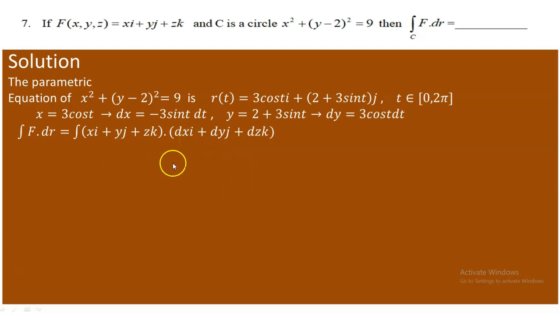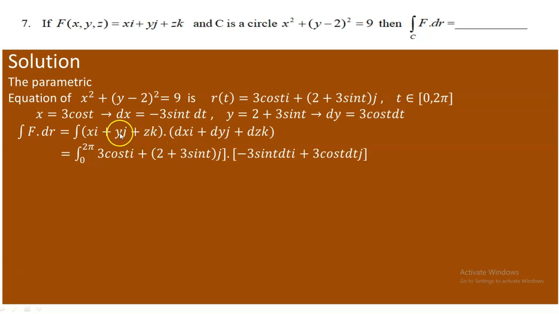So this integration is the integral of the dot product of two vectors, which is this one. What I did here was simply substitute x as 3 cos t, and y as 2 plus 3 sin t. We don't have a z component here, right?